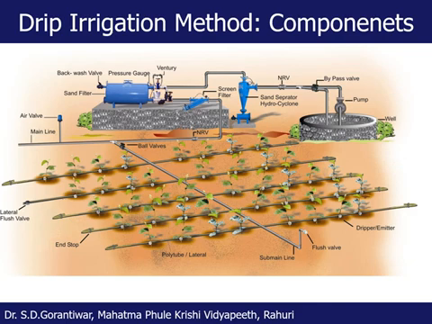Then there is the fertigation unit. Then there are a number of valves: non-return valve, ball valve, air valve, flush valve, bypass valve, and there is a pump to lift the water at the desired pressure and at the desired discharge, and a water source for the water. And besides that there are the pressure gauges as well, because this system operates under pressure, and we have to monitor the pressure.